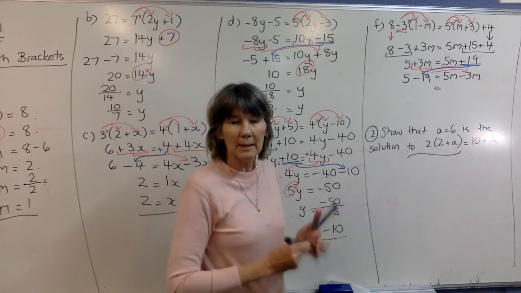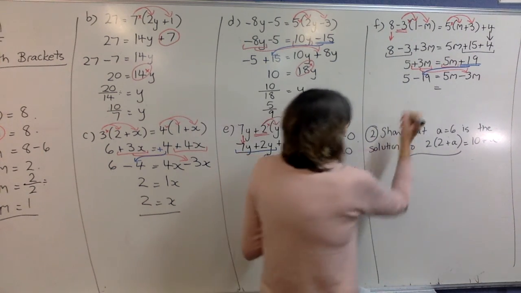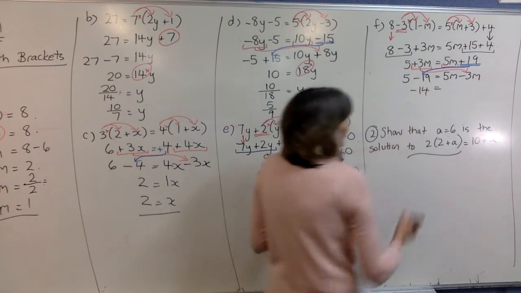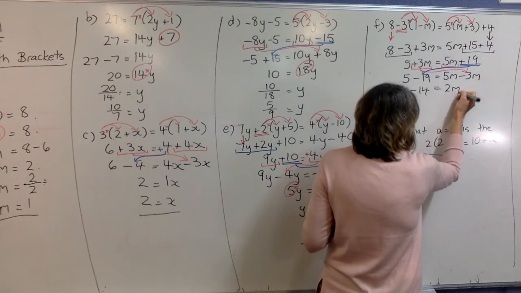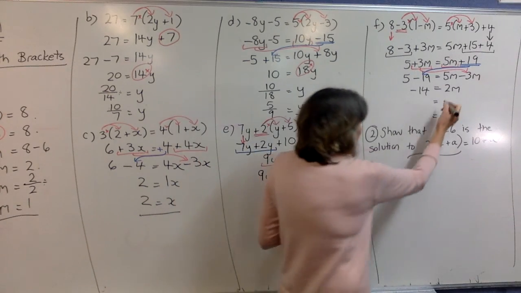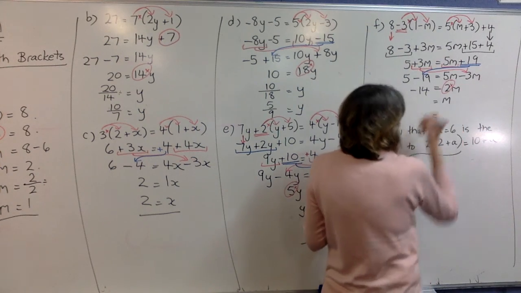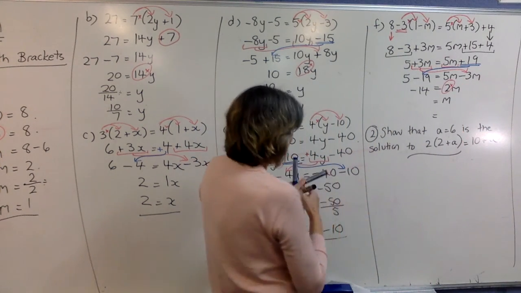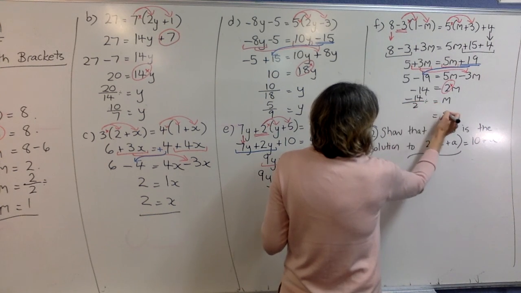I don't want people making silly errors because they've got that wrong. 5 minus 19 is minus 14. 5m minus 3m is 2m. And we're nearly there. We've got to get the m by itself still. So we have to get rid of this times 2. So come over to the other side and divide by it. We use a fraction bar, remember.